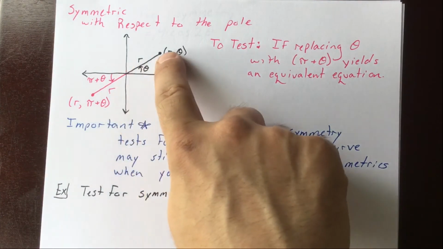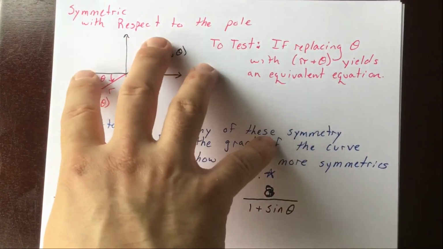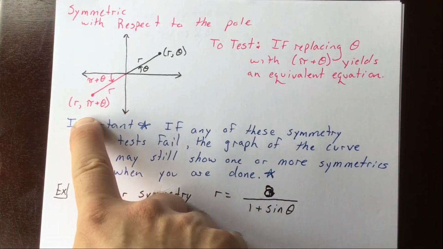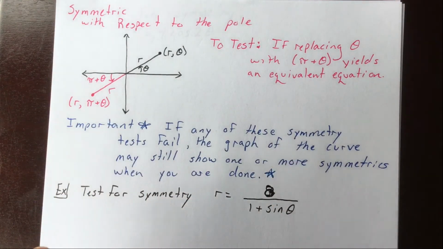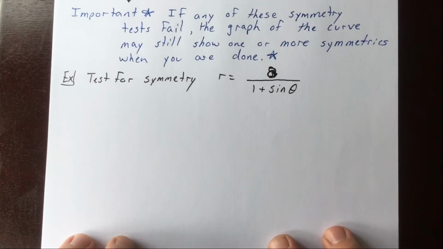If you think about that, negative r comma theta would land us here. In this system, because of the ability for one point to have multiple representations, even though these tests fail, it doesn't mean that it's not symmetric. Looking at the graphs, we'll be able to see more into this. But let's continue on with this one.